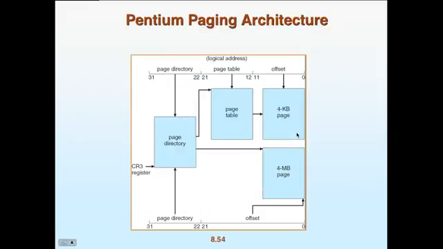Here's a Pentium paging architecture where we have a page directory. The page directory has a page table, and inside of the page tables we've got the offsets. We can nest them, we can have a hierarchical page table with this as well. But all of memory is organized with page tables or segmentation tables in terms of the concept.